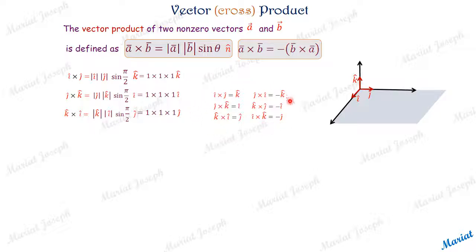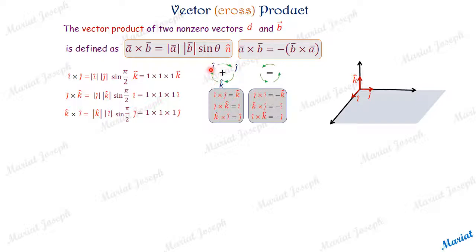Now we need to remember these 6 products. How to remember? We will go in the cyclic form. If we take the cycle in the form i, j, k, the usual alphabetic order, then we can say i cross j is k, j cross k is i, k cross i is j.